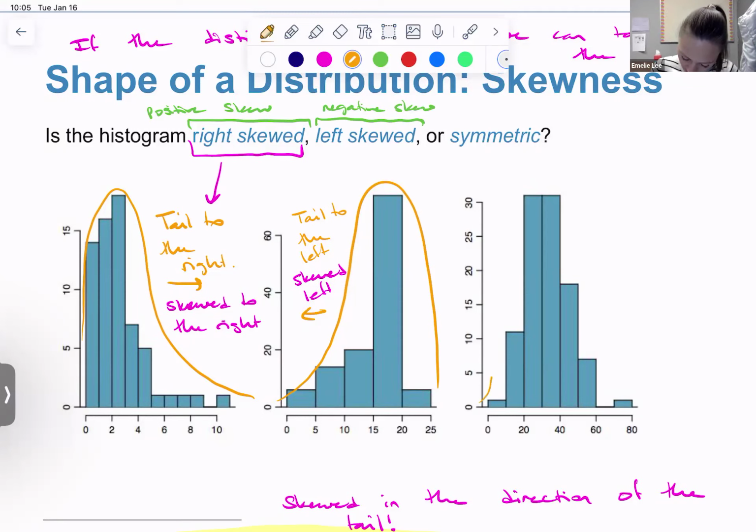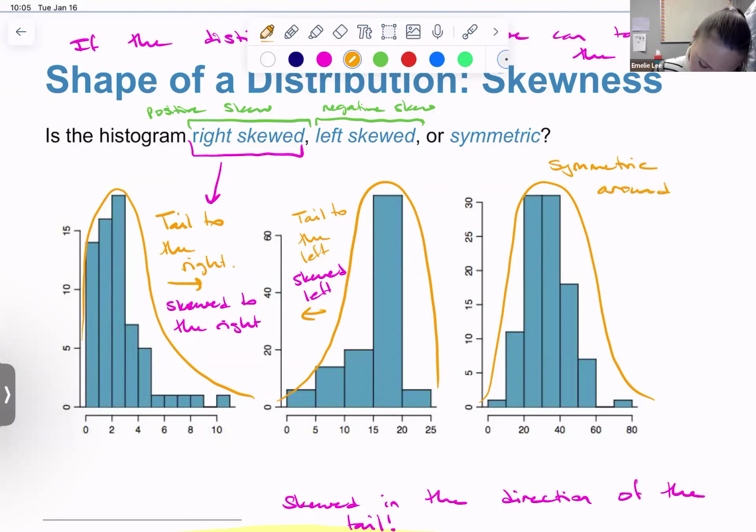Whereas usually what we'll have is this kind of generally symmetric curve, right? So here, symmetric around the mode, right, around the peak. Okay, nice.